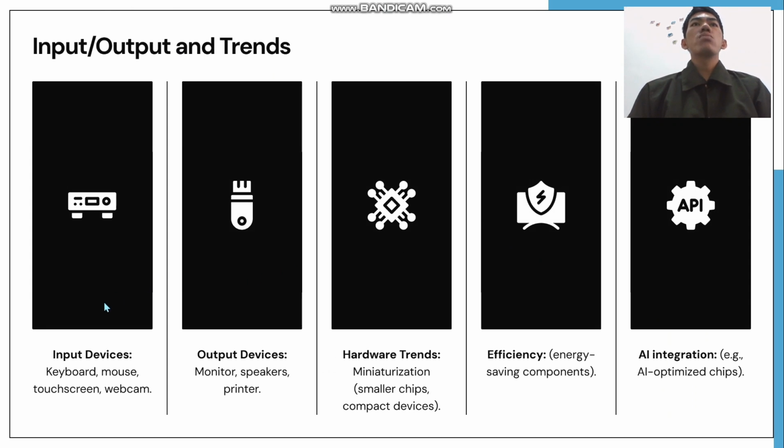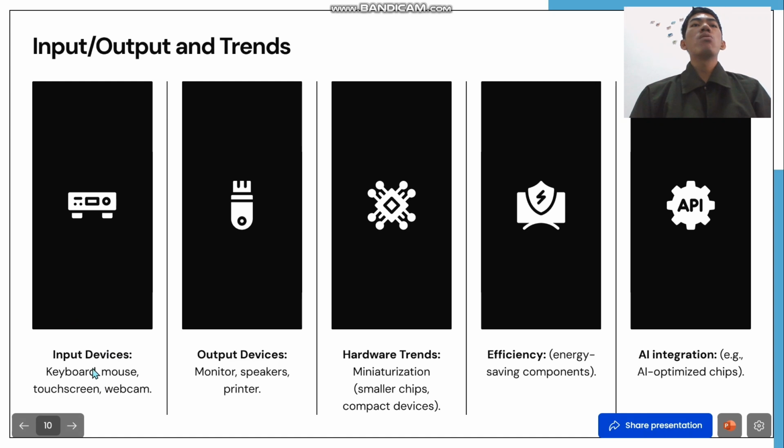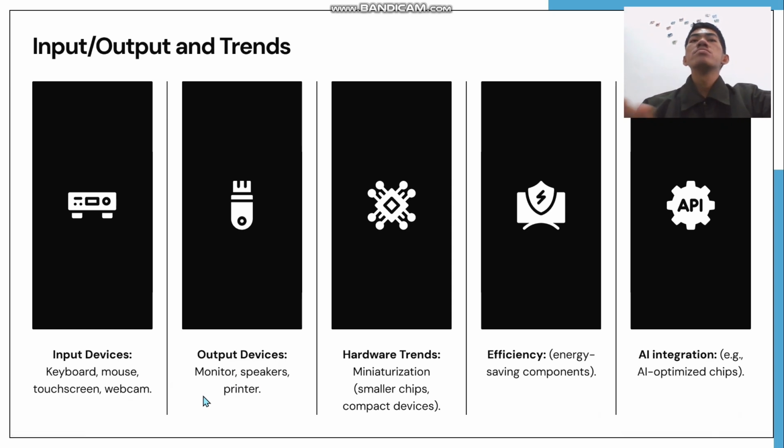For input and output, the input devices are keyboard, mouse, touchscreen, and webcam, and the output devices are monitor, speakers, and printer.